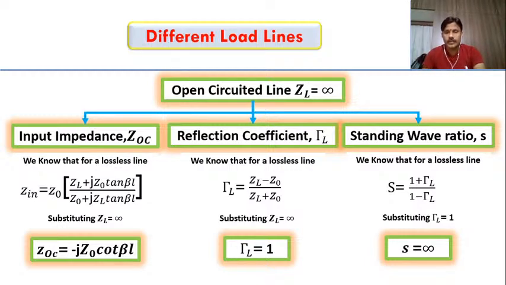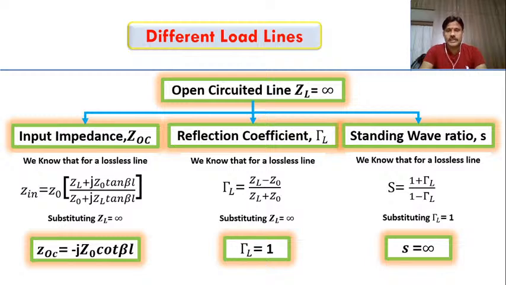And here what we have to remember is S is infinity for both open circuit as well as short circuit. Whereas for the other terms, gamma L is minus 1 for short circuit, gamma L is plus 1 for open circuit. Input impedance ZSC is jZ0 tan beta L for short circuit. For open circuit, ZOC is minus jZ0 cot beta L.